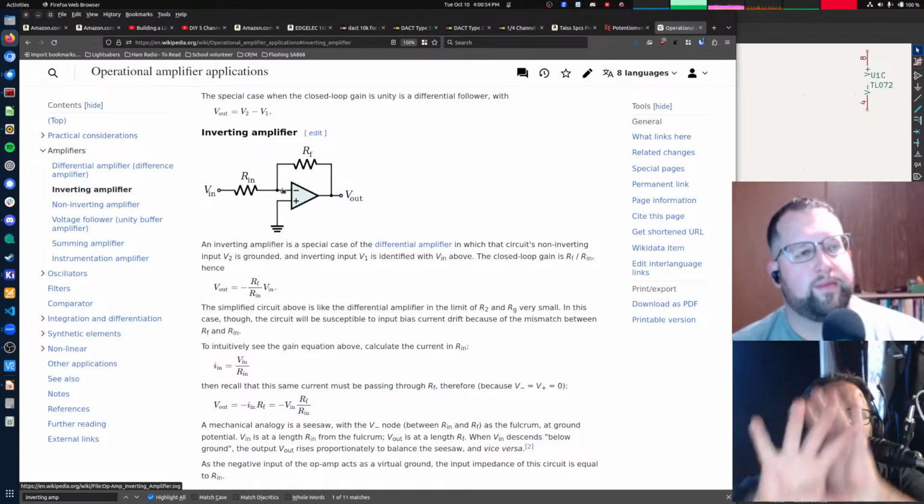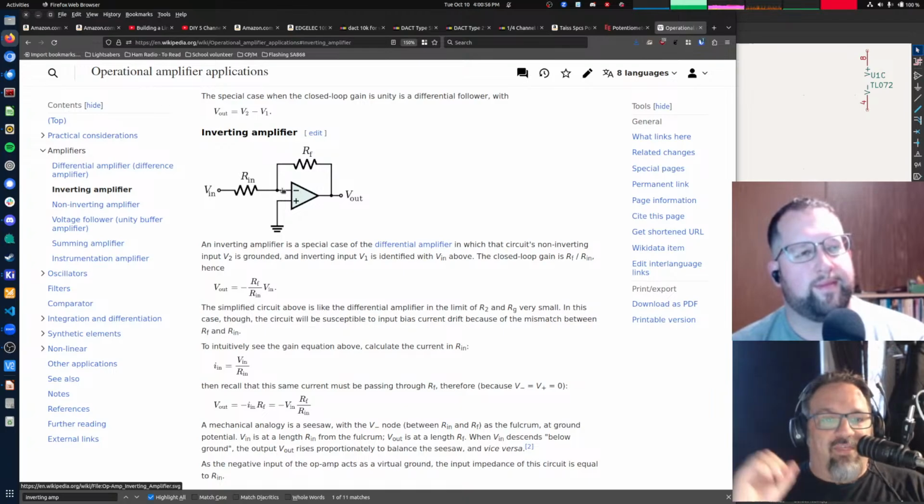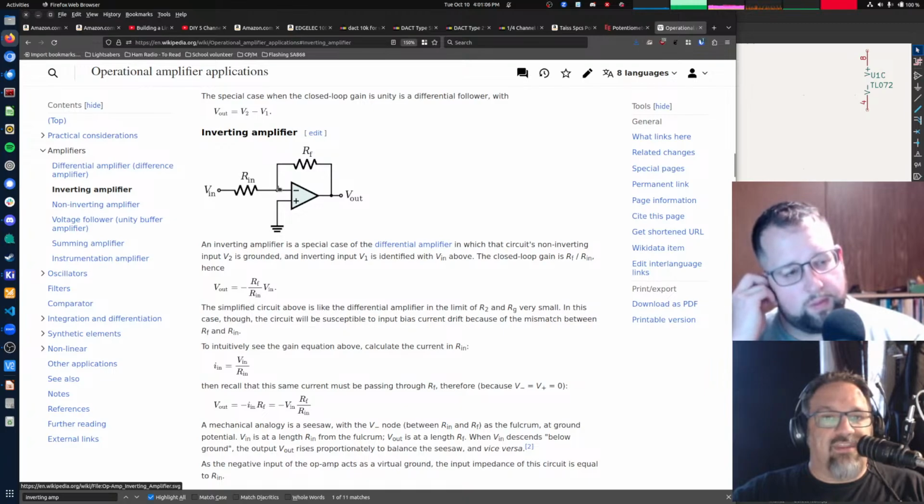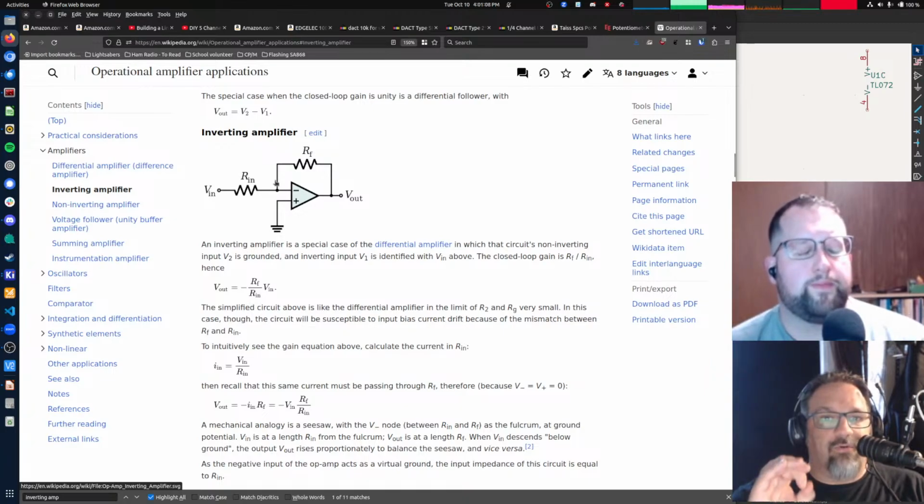Hand wave, I'm going to ask you to take my word for it that the op amp will make sure that this node is always the same voltage as this node. And since this node is tied to ground, that means that the negative input here is always going to be ground. All right?